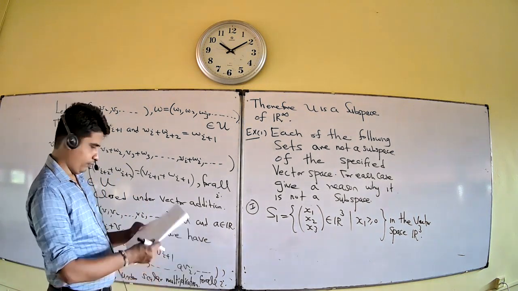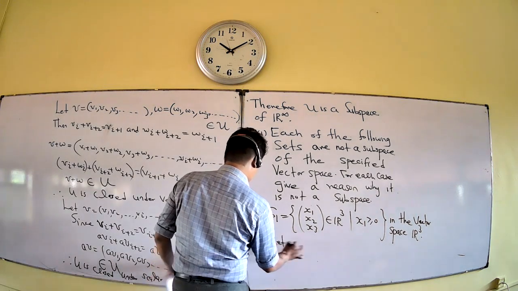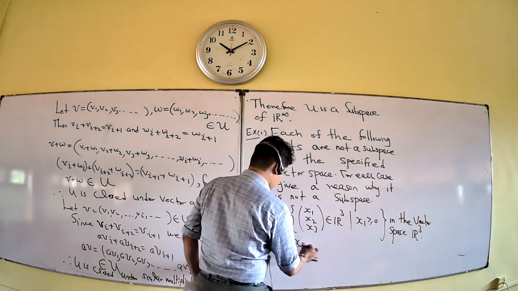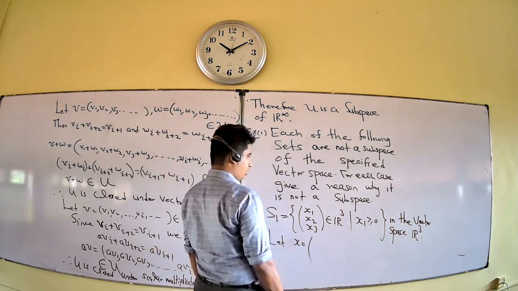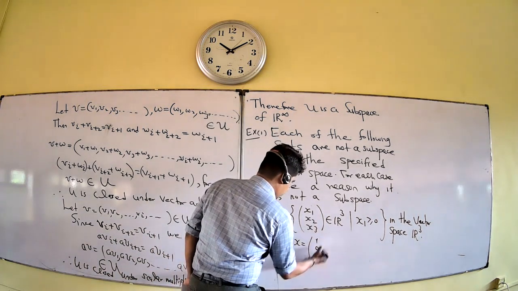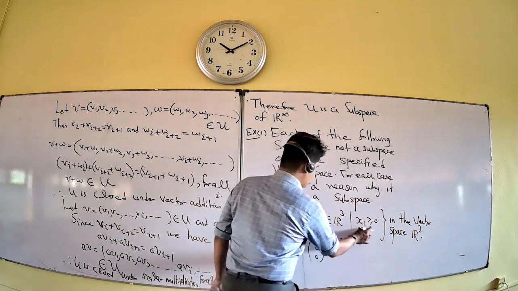So let us take x. x is one of the vectors here, (1, 0, 0), which obviously belongs to R cube. And this condition should also be satisfied, no?